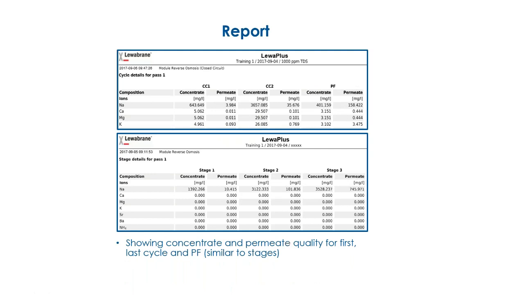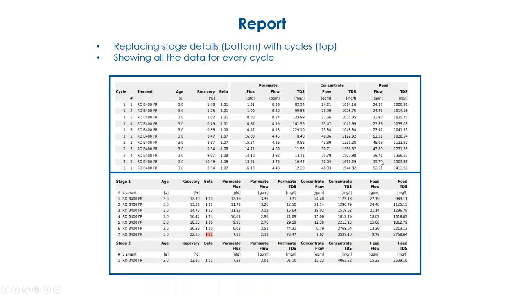And then as far as showing the brine and permeate quality, we show the first cycle, the last cycle, and the PF flush, similar to traditional, which is, you know, the first, second, and third stage.